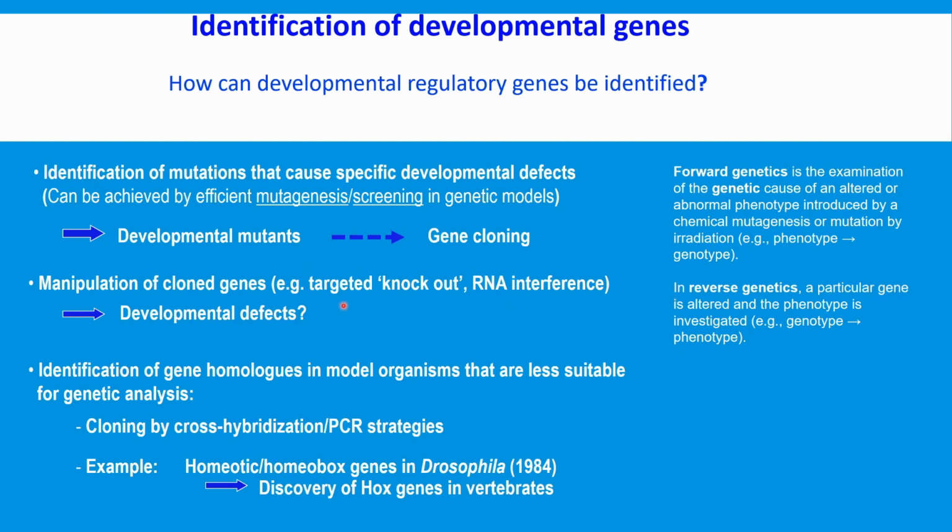For example, generating knockouts. You've all heard of the CRISPR-Cas9 system to make targeted knockouts, but also we can perform RNA interference, where we generate RNA that's complementary to the region of interest and will knock down the gene function. And then, of course, we look for developmental defects if that's what we were screening for. These approaches can be used to screen for other things as well, metabolic defects or whatever.